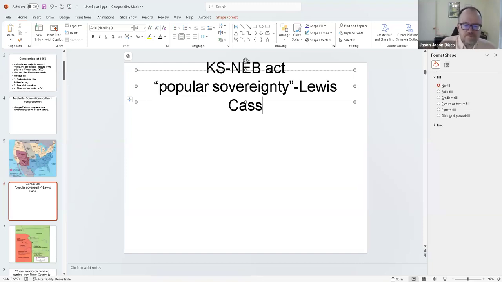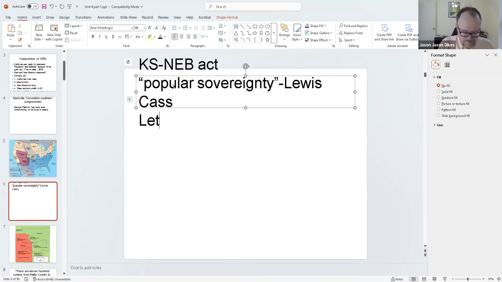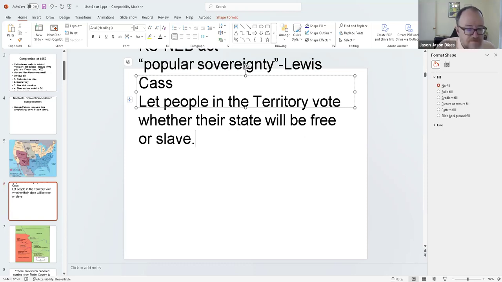And the idea behind popular sovereignty is that you let the people in the territory vote whether their state will be free or slave, right?